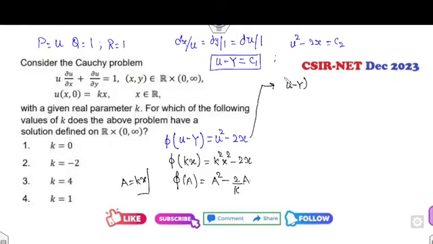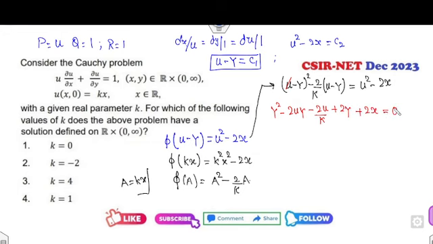U minus y whole square minus 2 over k times u minus y is u square minus 2x. I can open this bracket, u square will be cancelled out. So it is y square minus 2uy minus 2uk plus 2y plus 2x is equal to 0.